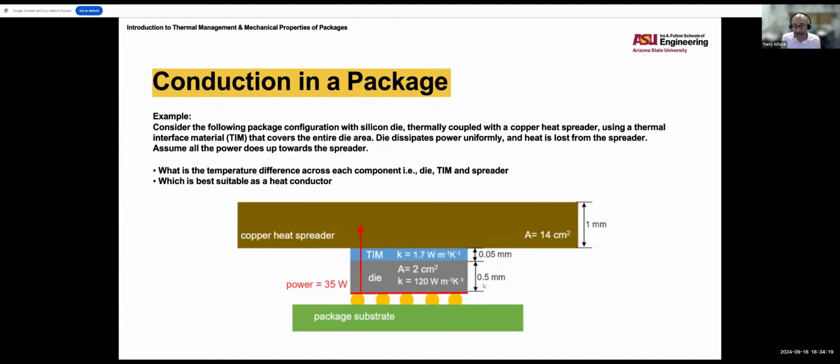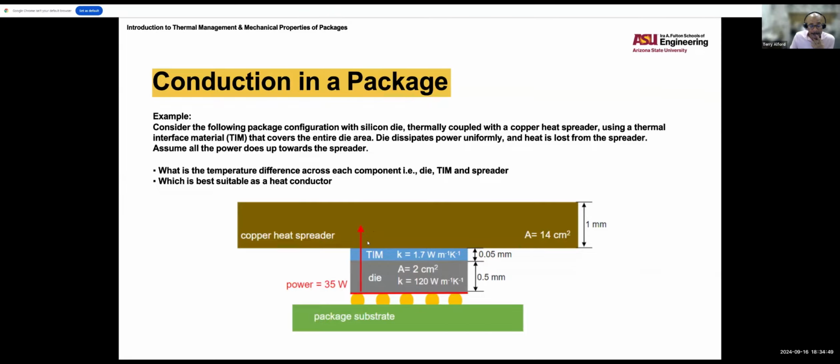The thickness of the die, ooh, it's a very thick die, 0.5 millimeters. The TIM, 0.05. So if we look at the thermal conductivity, 1.7 to 120.